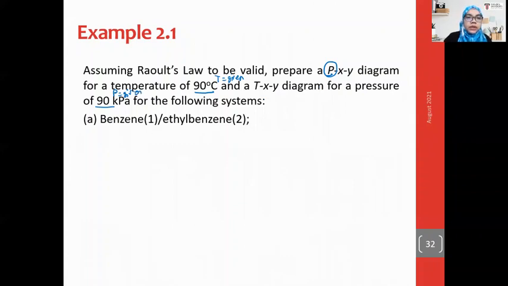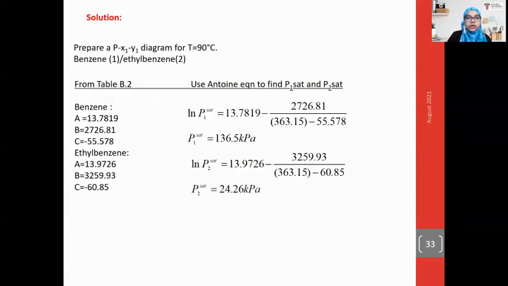Okay, these are the species. Benzene is our first species and alkylbenzene is our second species. We start with preparing our PXY diagram, having the constant temperature at 90 degrees Celsius. Because we have the fixed temperature, we can simply determine our P saturation for both species.